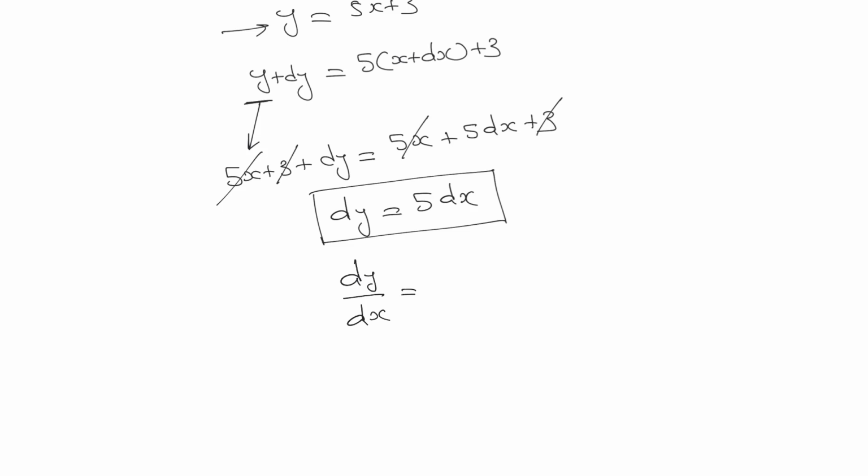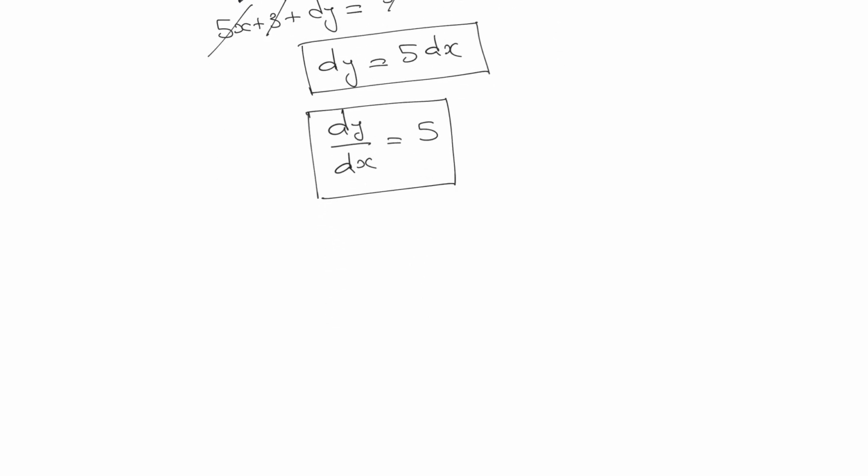So we'll get the value of dy by dx is equal to 5. Now we can say that the entire result is something like this. If y is equal to 5x plus 3, then differentiation of y is equal to 5 into dx, or the value of dy by dx is equal to nothing but 5.